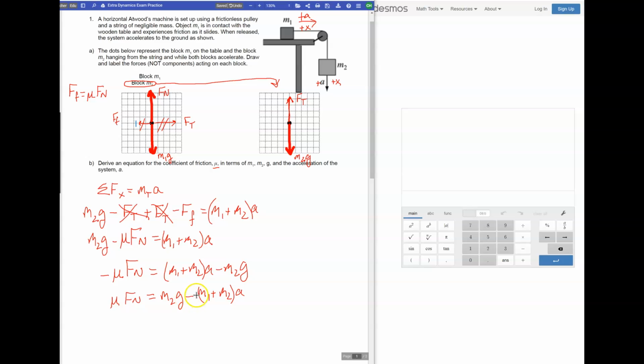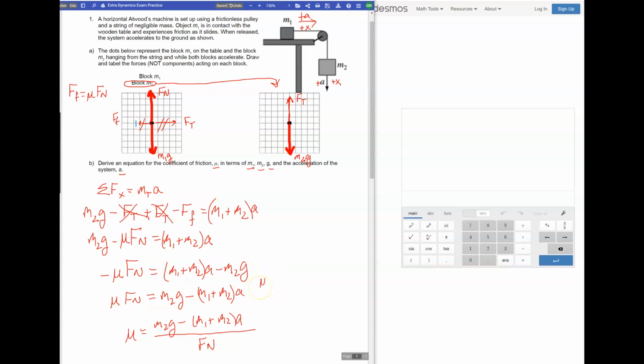And if I want to get the mu all by itself, I'm going to do mu is equal to M2G minus M1 plus M2 times A, and I'm going to divide that by Fn. But I'm not done, because it says you can only have M1, M2, G, and A in it. The mu stays here, but over on this side I've got Fn on the bottom, so I got to get rid of that.